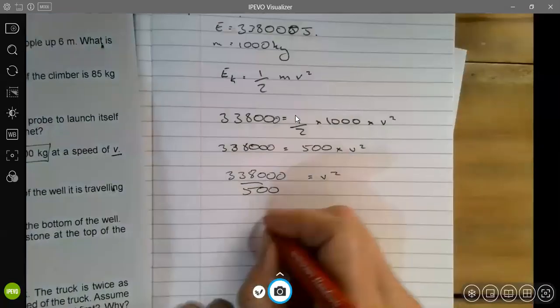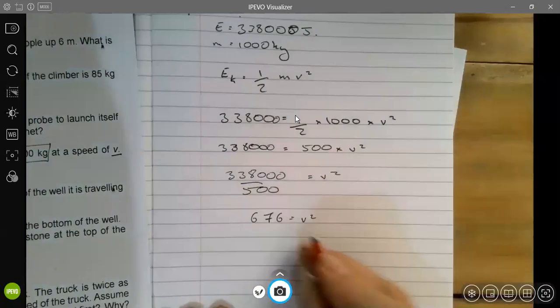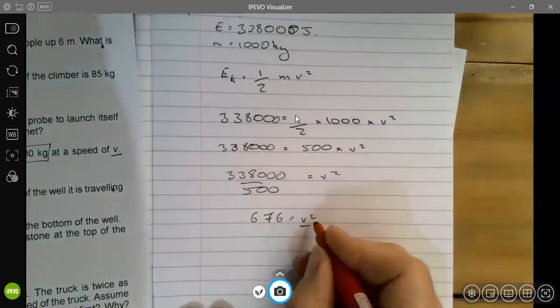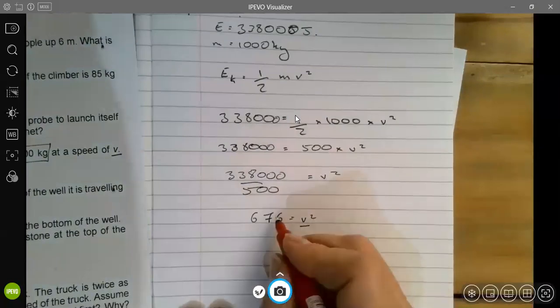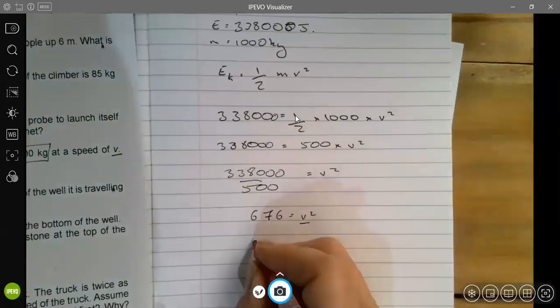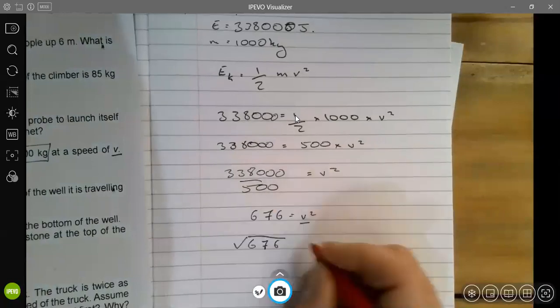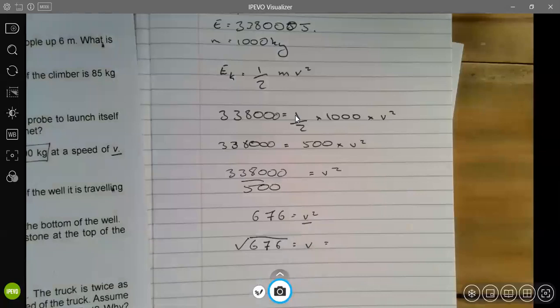So 676 is equal to v squared. I want to make that v, so I do the opposite of a square and square root the other side. The square root of 676 is equal to v, which is equal to 26.